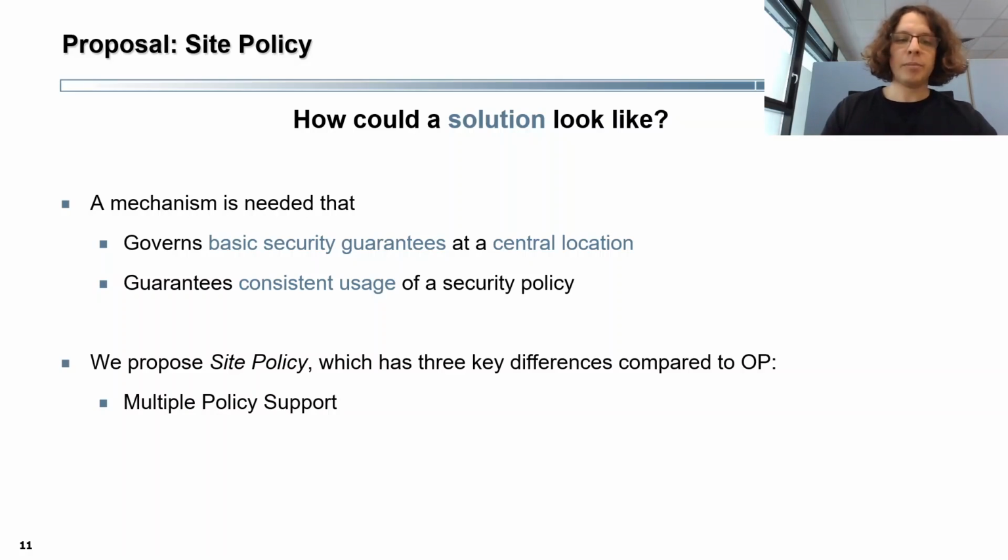On the one hand, site policies allow multiple policy support. So again, we have a central location where the site policy is stored, but the site policy can contain multiple policies and each page has to select at least one. So there's one default policy that is always enforced if the page does not specify one, and otherwise the page can choose from different policies.